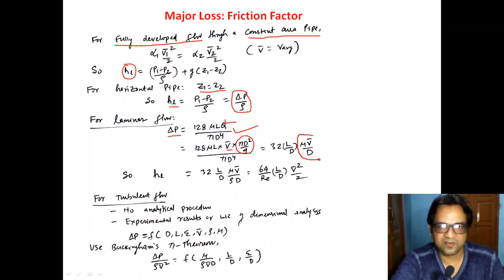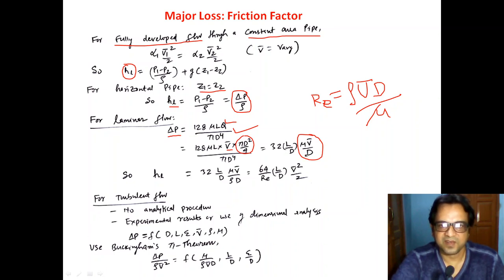Now I can write this part in terms of the Reynolds number, because already we have defined Reynolds number equal to rho u d by mu. So you have to multiply by rho and v in the numerator as well as the denominator.